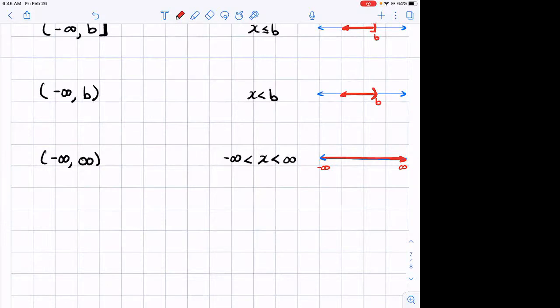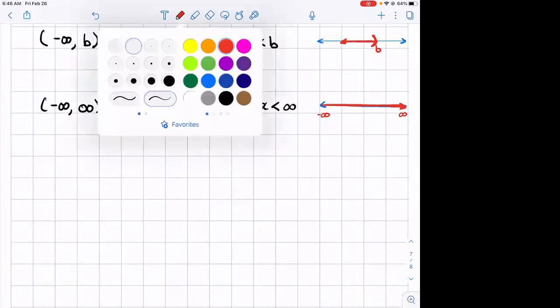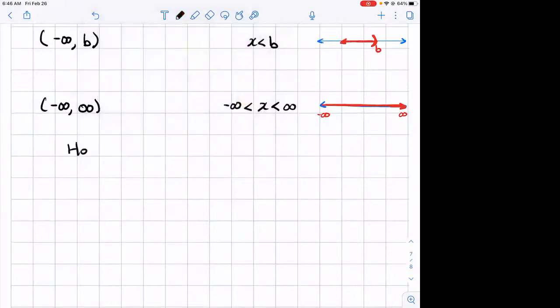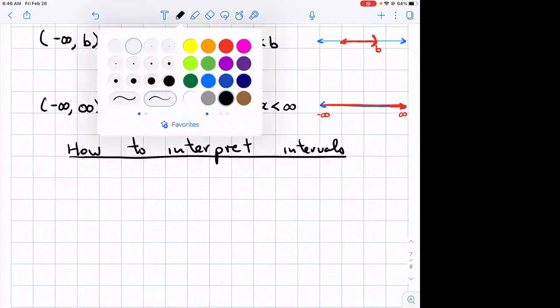So more importantly here, you have to know how to interpret intervals. And this is very, very important. So, example: how to interpret intervals.